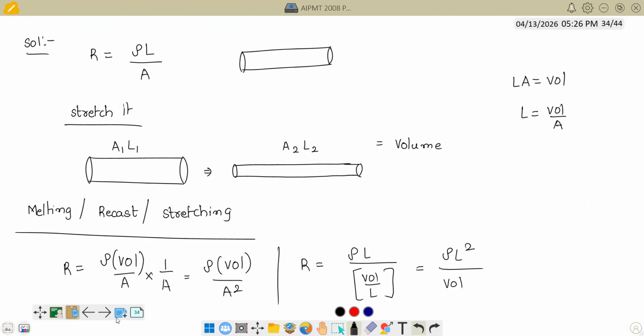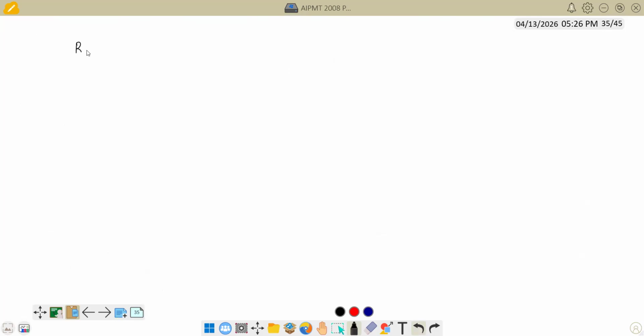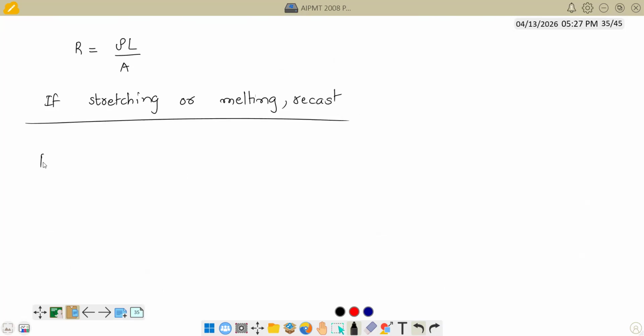So the summary of this is, the normal formula for resistance is rho L by A. If stretching or melting and recast, these kinds of words are used, then we square one of them and replace the other one with volume. So these are the two formulas. Which one to use depends on the question.